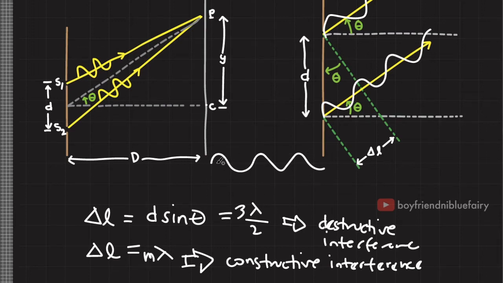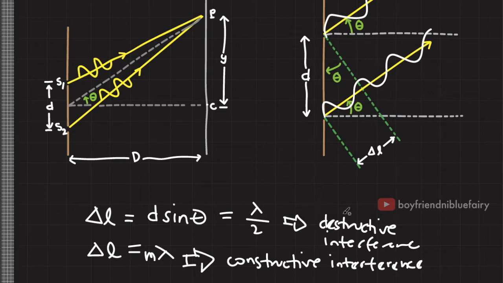I'll count 1, 2, 3. If wave 2 advances by 3 lambda over 2, it will still result in destructive interference, because if we extend this to infinity, then this still will result in a destructive interference.